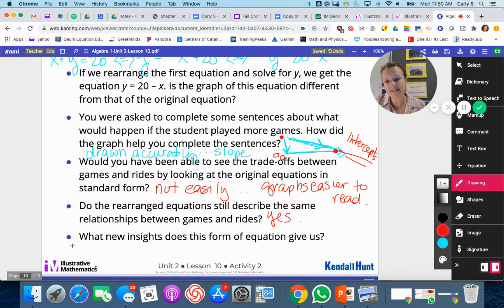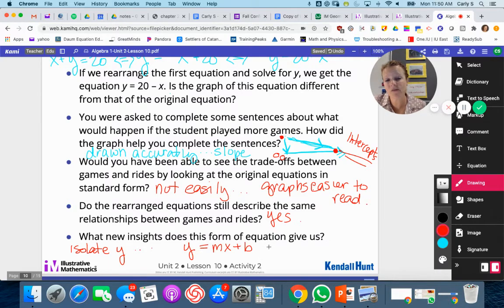And what new insights does this form of equation tell us? Well, when we isolate y, it gives us the form y equals mx plus b, which is linear form.